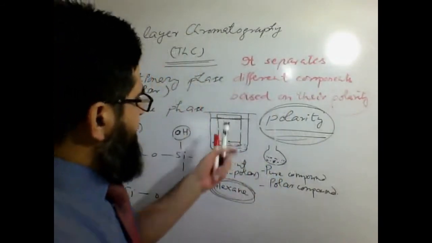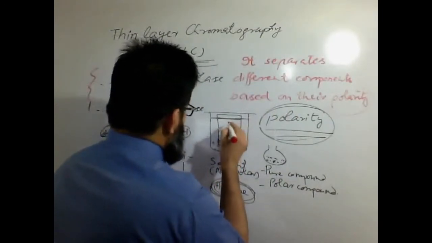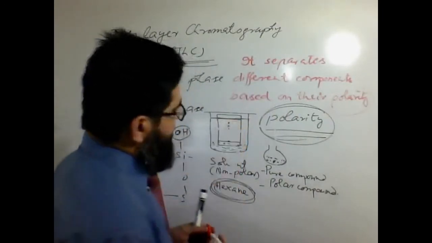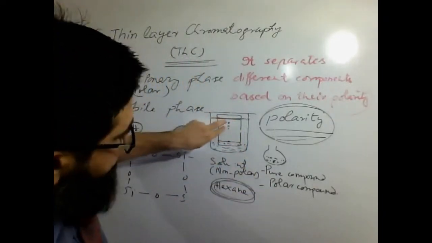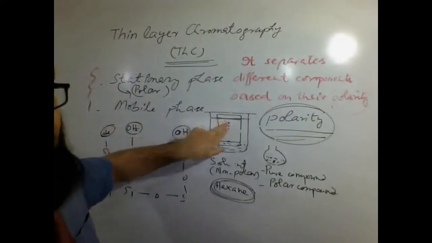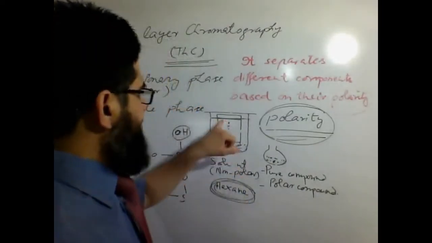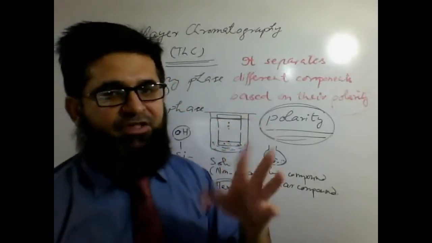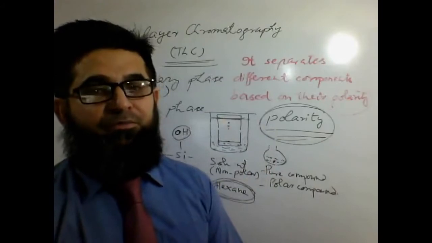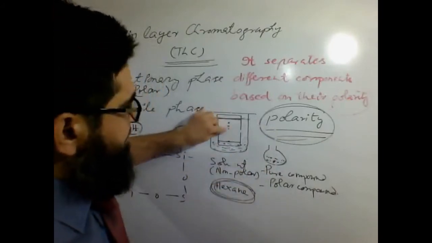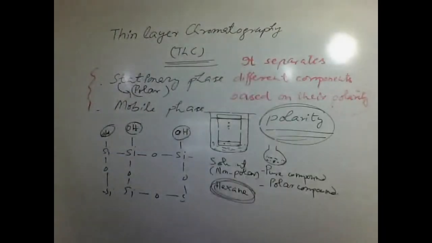If we see more than one spot, again a bit higher on the TLC, we will conclude that it carries more than one fraction. Let's say 1, 2, 3 spots mean 3 fractions are there, and all of them are supposed to be a sort of non-polar, with relatively less and high polarity, with polarity differences.